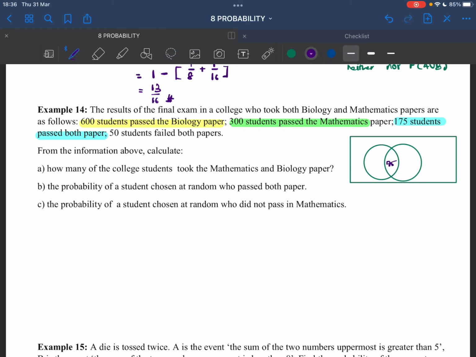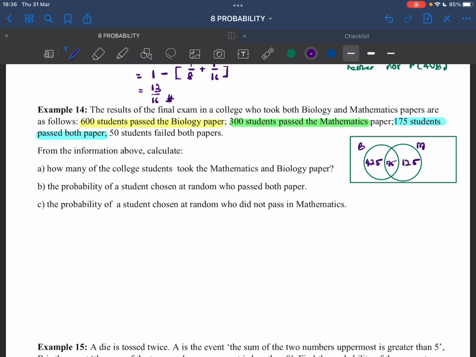So now this is biology, this is mathematics. Since 600 students pass biology, 600 includes the 175. So you minus 600 minus 175, you have 425 students passed only biology. 300 students passed mathematics, so 300 minus 175, we have 125 only pass mathematics.